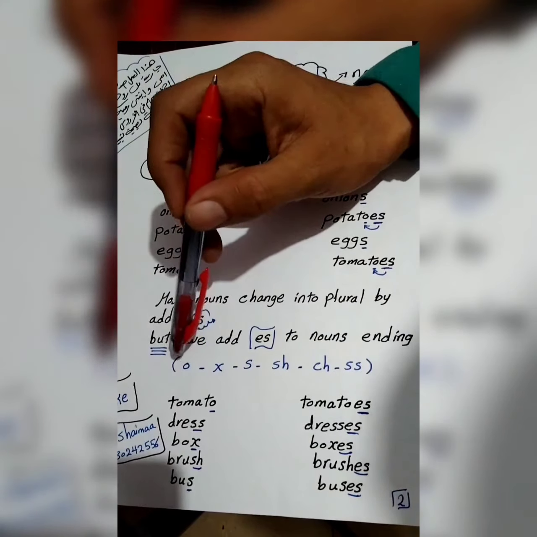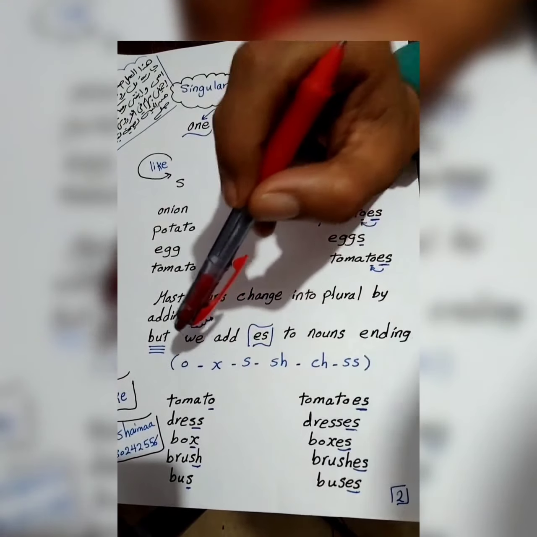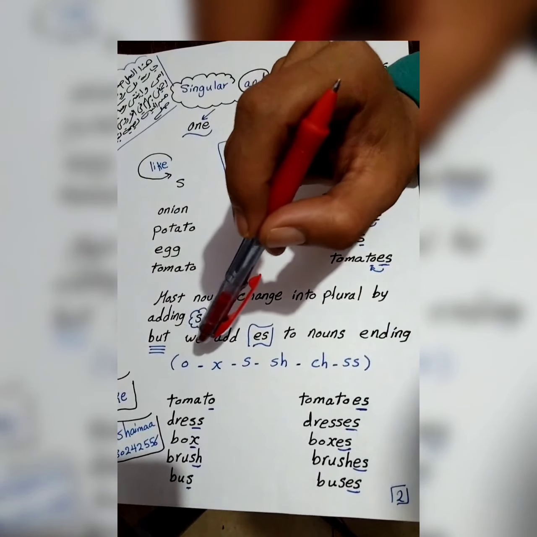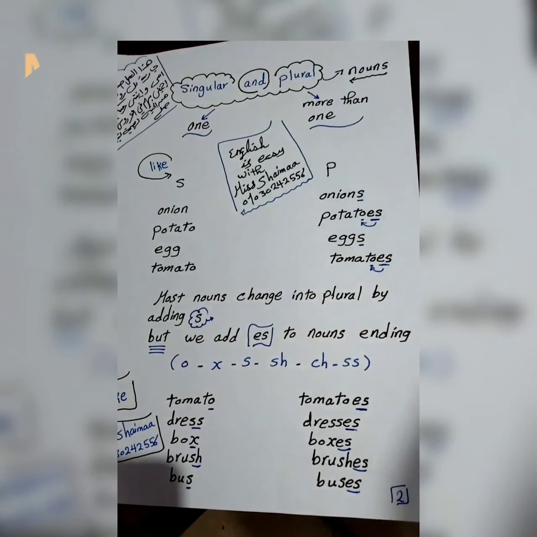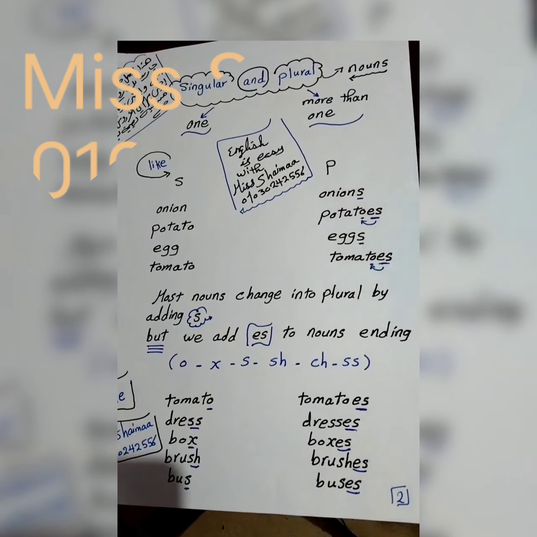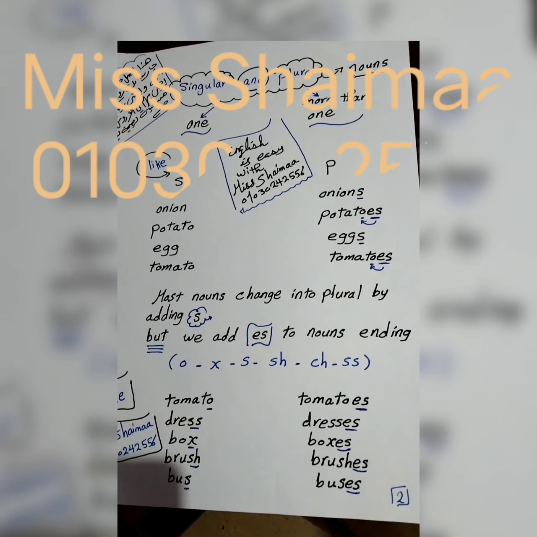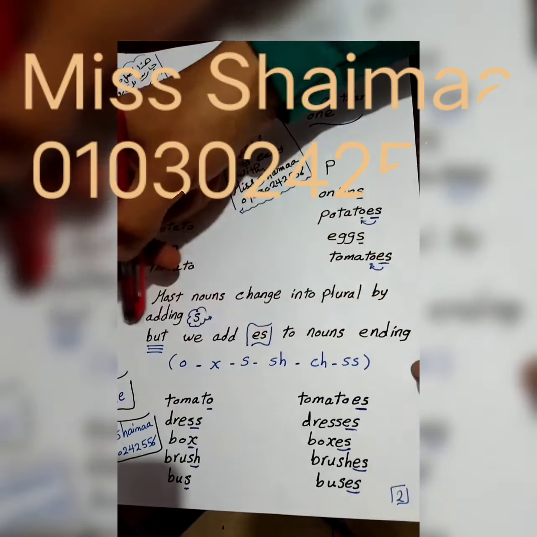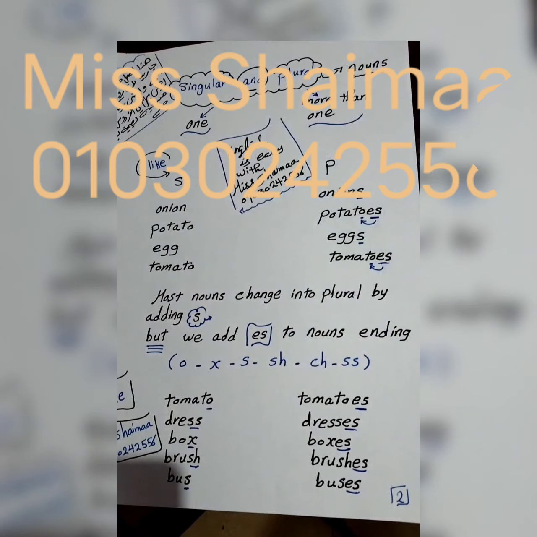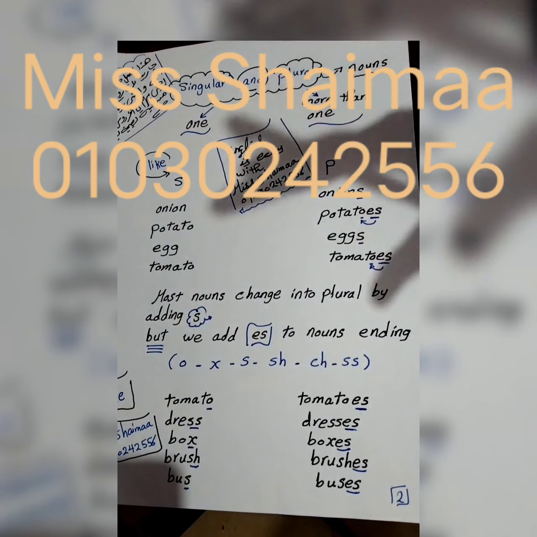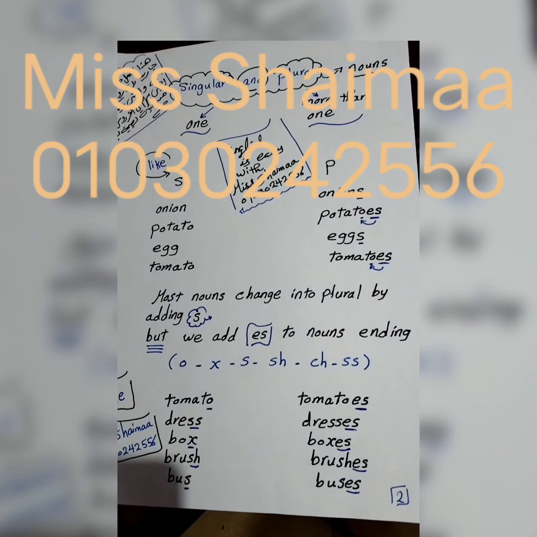When you see a noun ending with one of these letters, don't put S at the ending to change it from singular to plural. But remember this rule: put ES at the ending of this noun to change it from a singular noun to a plural noun.